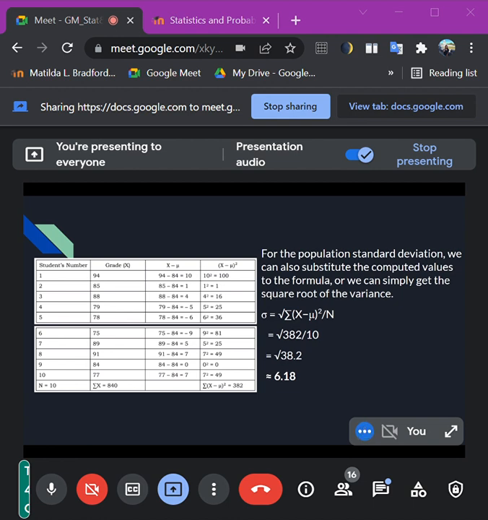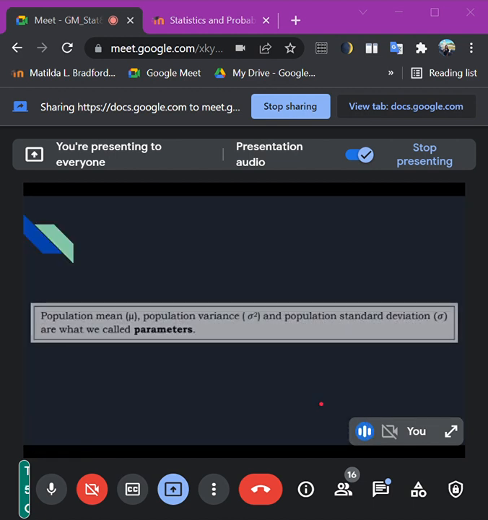Okay? And that is your standard deviation. So you need to do this third and fourth column in order to solve easily. Otherwise, you would have to do each step one by one, which takes long. Okay? So that is for our parameter.